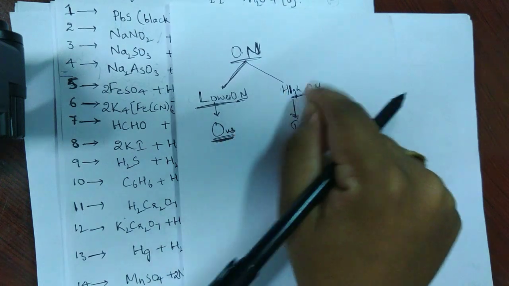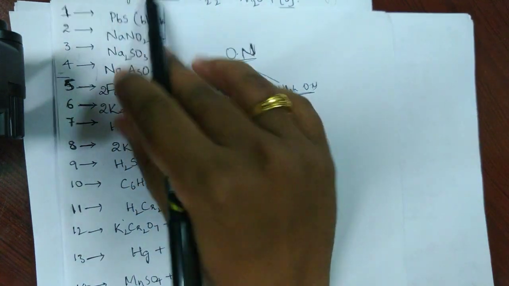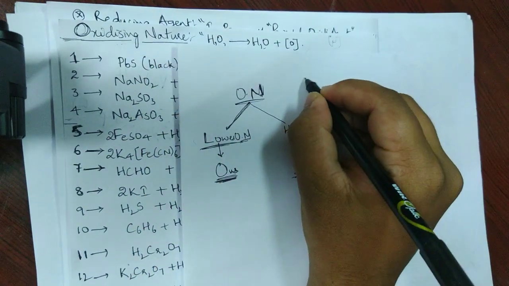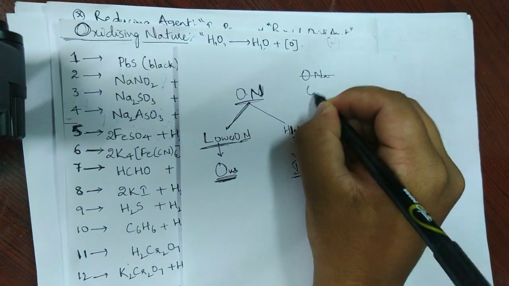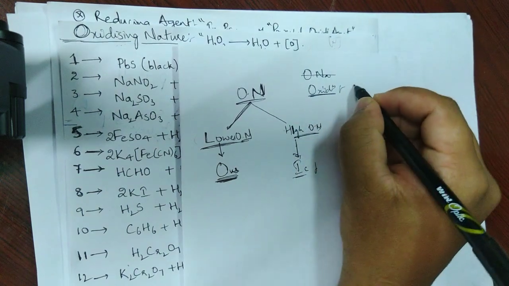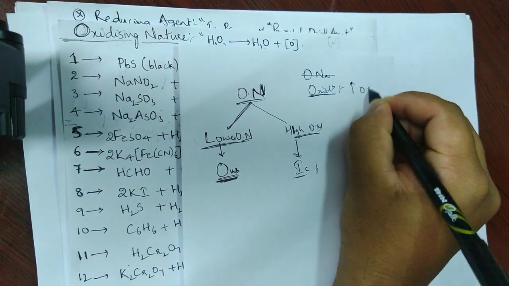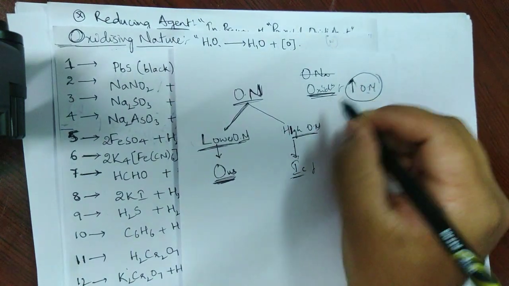Lower is OUS, higher is IC. Now, what is oxidizing nature, or oxidizing agent, or oxidation? An increase in the oxidation number is oxidation.